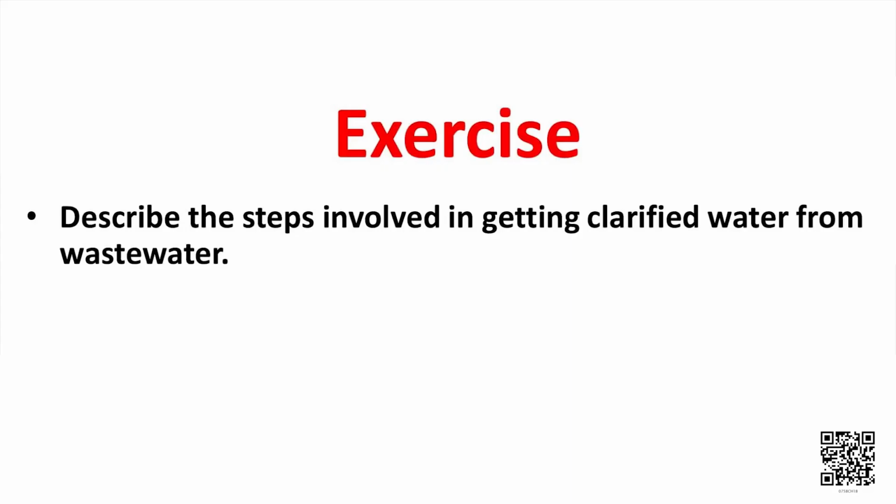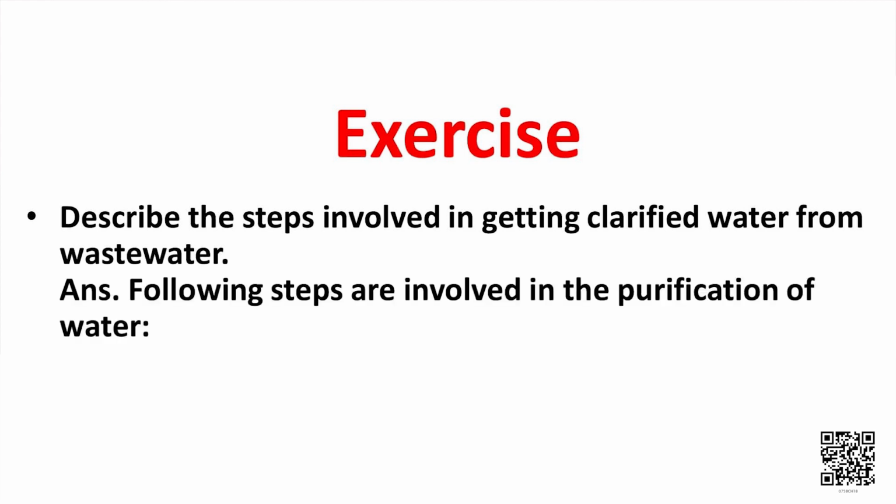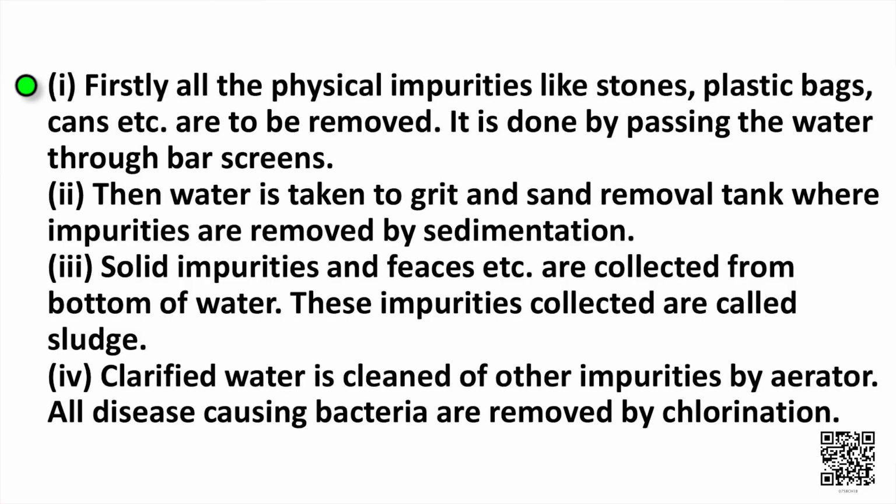The first question is, describe the steps involved in getting clarified water from wastewater. So students, following are the steps that are involved in the purification of water. The first step is removing all the physical impurities like stones, plastic bags, cans, etc. It is done by passing the water through bar screens.